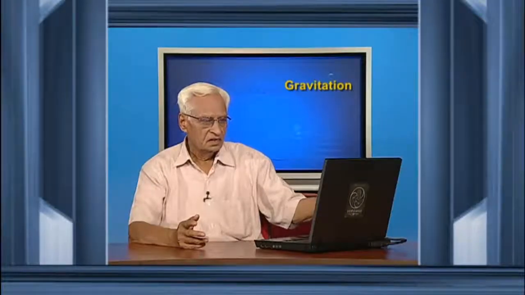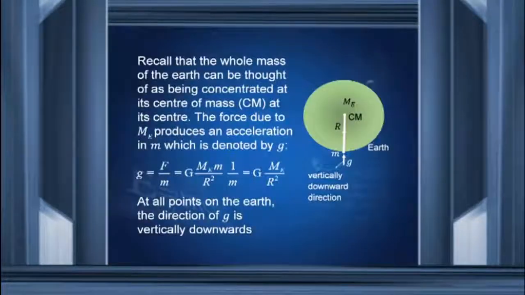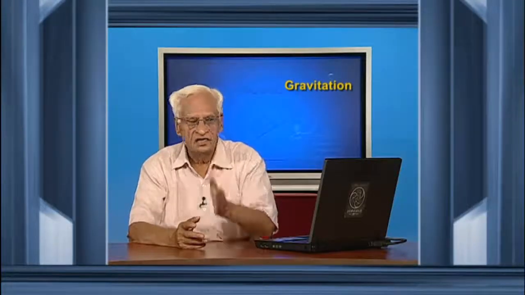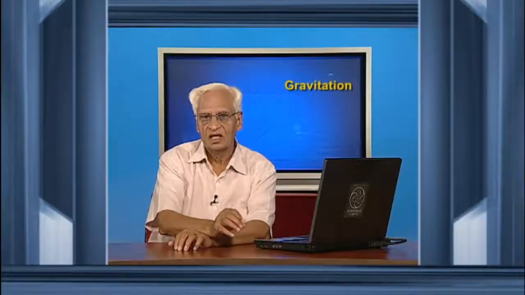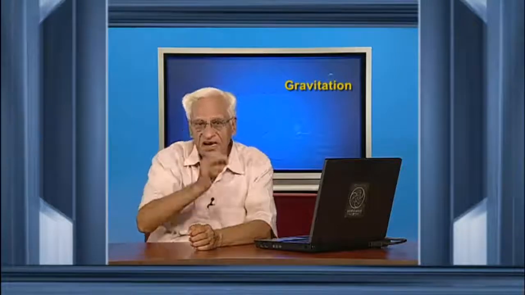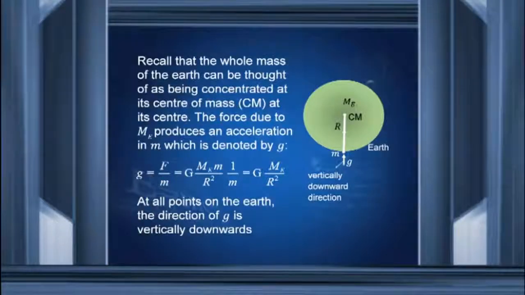And once again, to emphasize, this force or acceleration is in the vertical direction, that is, in the direction towards the center of the earth. It is always vertically downwards. Whether the particle is going up or coming down, the acceleration due to gravity is always vertically downwards.